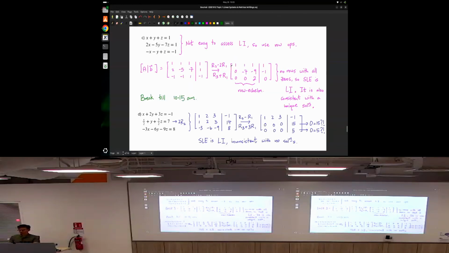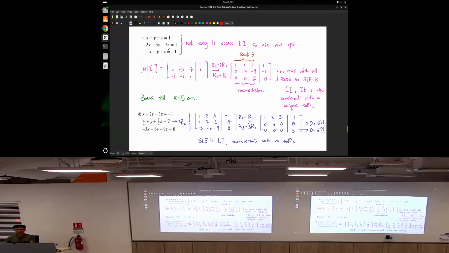Okay, so for example, look at this part C. So what's the rank? Rank is 3. Can you see now? All 3 rows, you cannot get all zeros. So therefore, rank 3. So rank 3 means what? Rank 3 means the planes represented by each equation are independent.